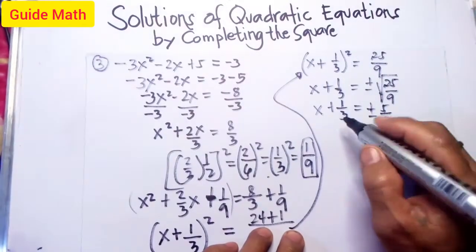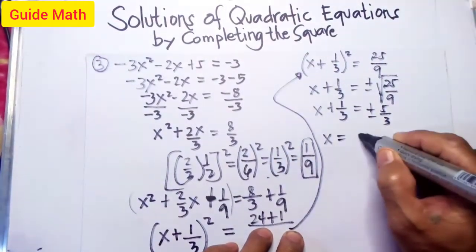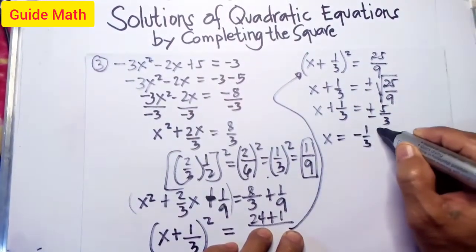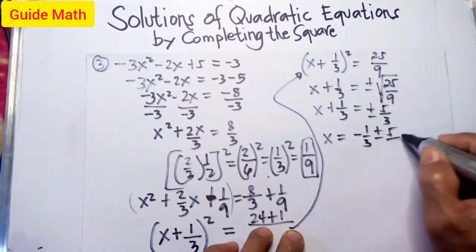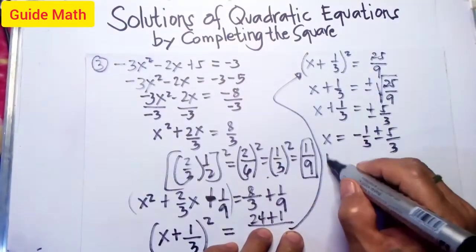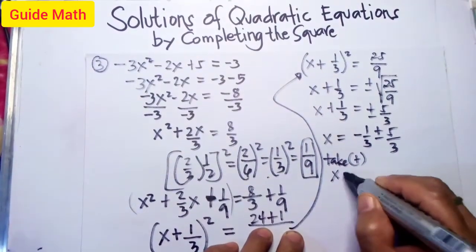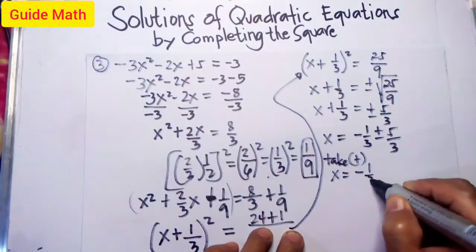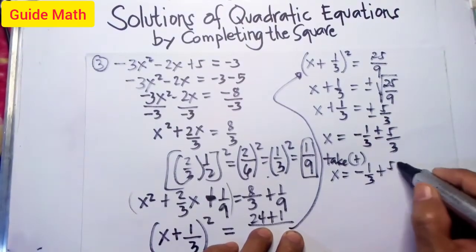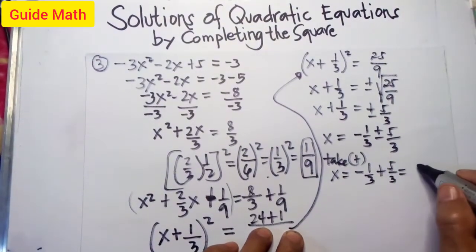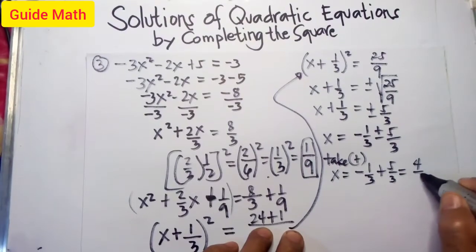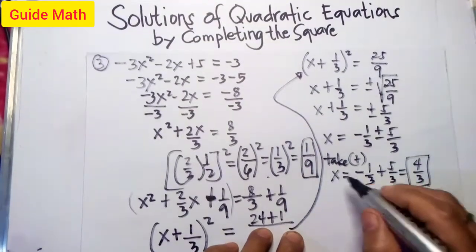So, this will become equal to x is equals to negative 1/3 plus or minus 5 over 3. So we can now take positive here. Take positive as the first value of our x. So we have negative 1/3 plus 5 over 3 is equals to 4/3. So this is the first value of our x.